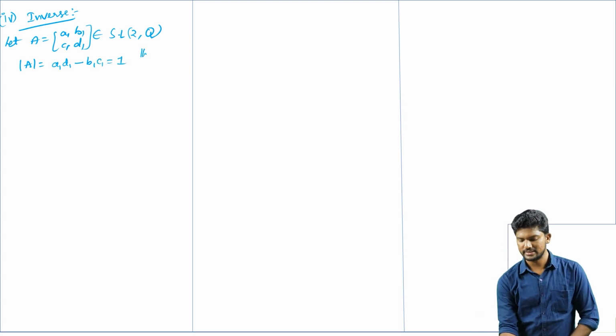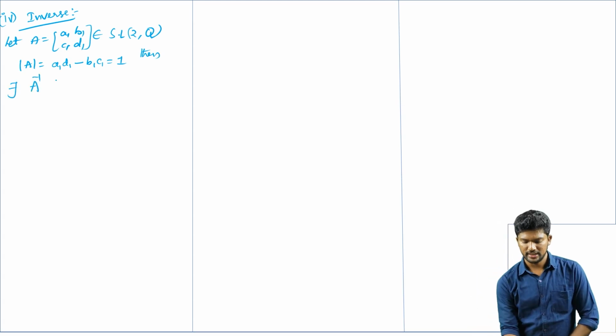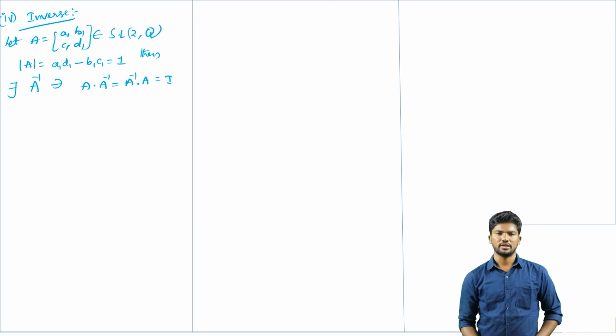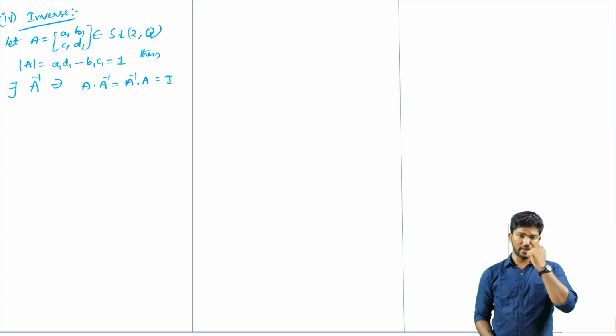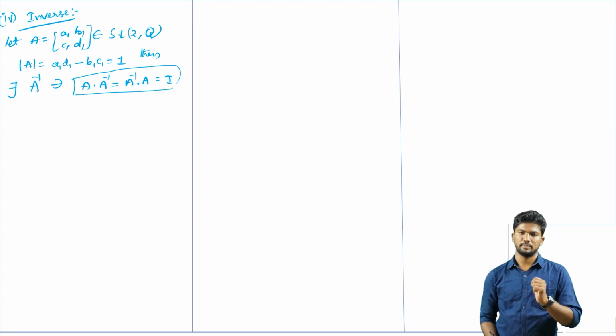Then there exists A inverse for capital A such that A dot A inverse is equal to A inverse dot A is equal to capital I. This is the inverse condition with respect to matrices.